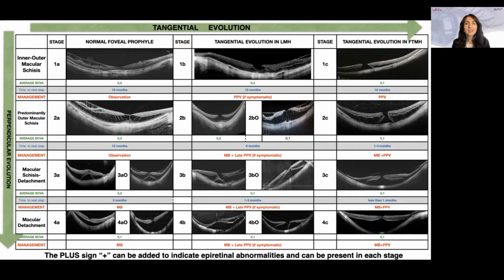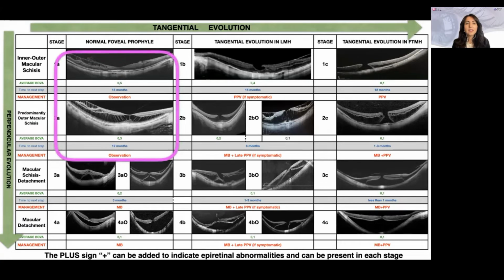But the MSS is not based on atrophy, only considers tractional changes. In blue, you see the time taken to evolve from one stage to the next. And in red, you can read the management.